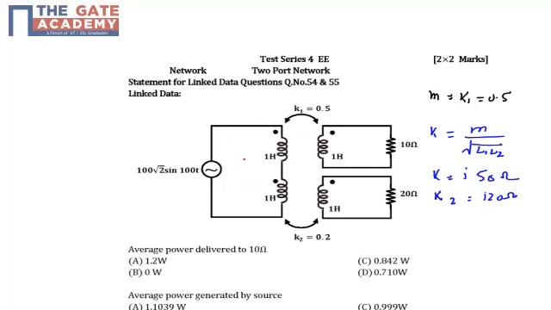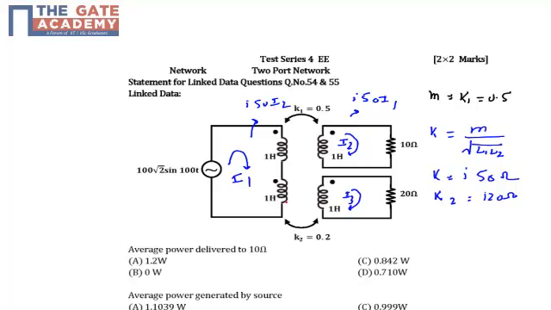With respect to the source current, in the first coil we have a current I1, let us assume in the second coil we have a current I2, and similarly in the third coil we have a current I3. Because of the current I1, we have an induced voltage in this coil of magnitude J50 I1. Similarly, because of I2, we have an induced voltage in coil 1 which is J50 I2.